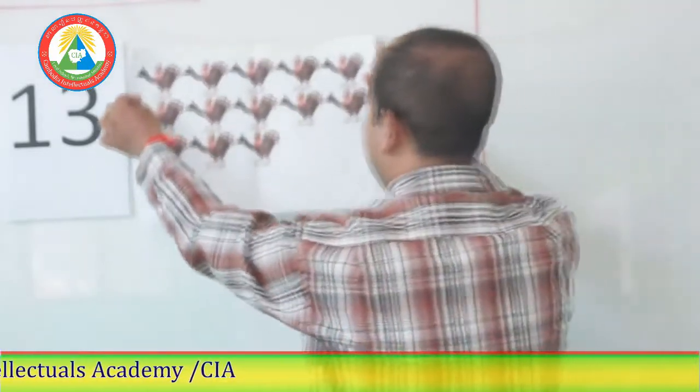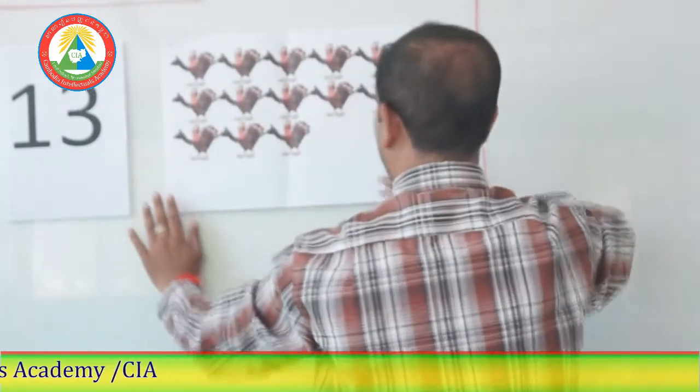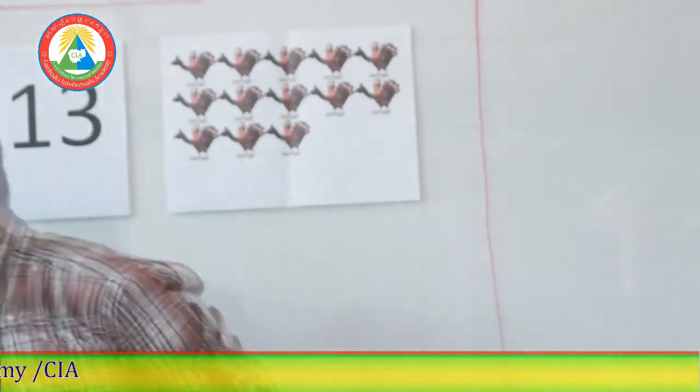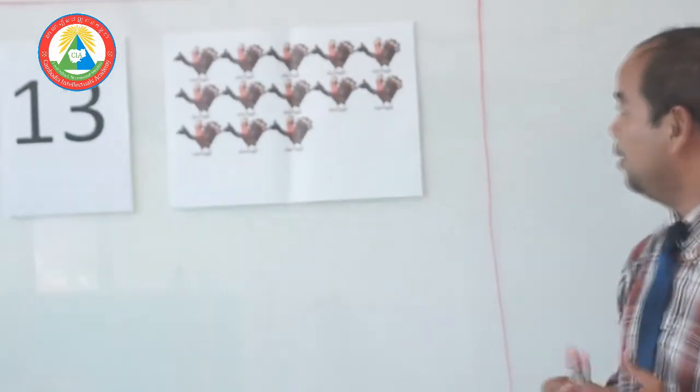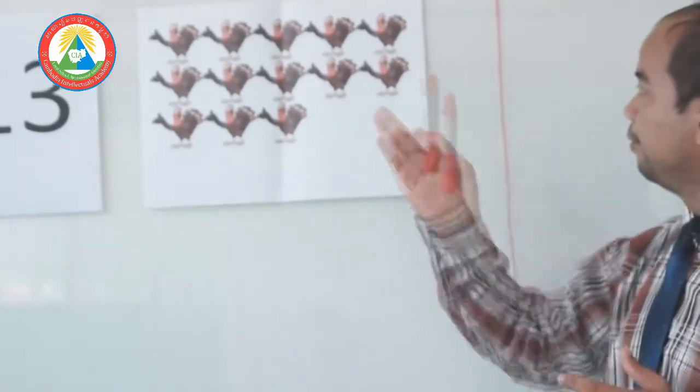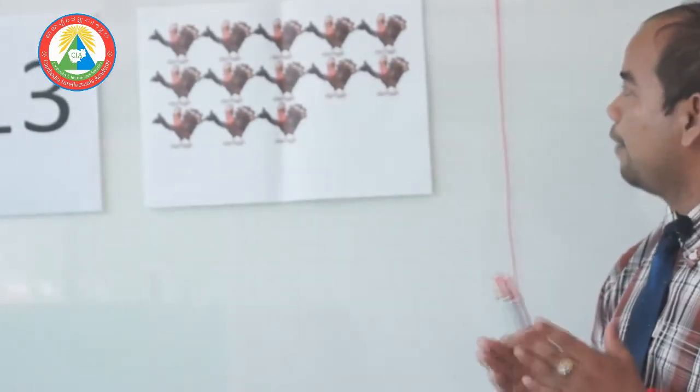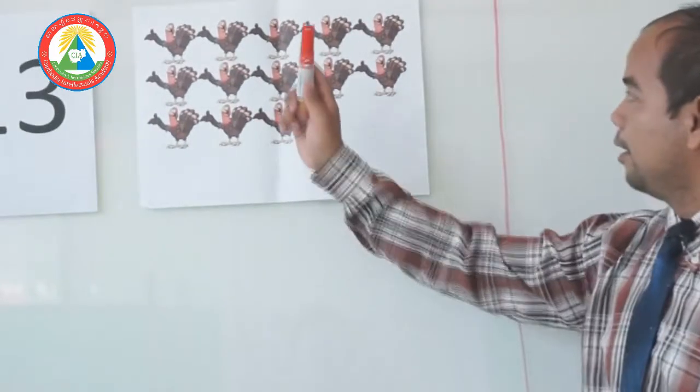So to make sure how many turkeys there are on a piece of paper, we count together with me. It's a better way. I use the marker to point at the turkeys one after the other. So are you ready, everyone? Here we go.